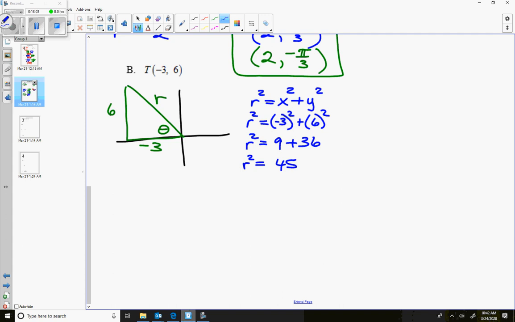Whereas I typically would prefer you simplify the radical, what we're doing with this, they're doing decimals. So reach for your calculator, punch out the square root of 45, and looks like we got 6.71.